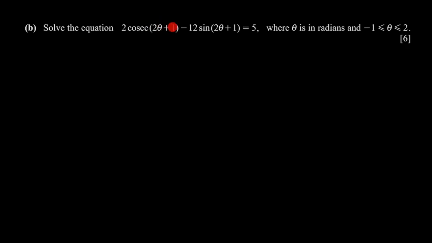Firstly, I recognize that the 2 theta plus 1 makes this a little bit more complicated. So straight away, I do a substitution. I say let u equal 2 theta plus 1. Incidentally, that also means I can write theta as being equal to u minus 1 over 2, so just rearrange it.